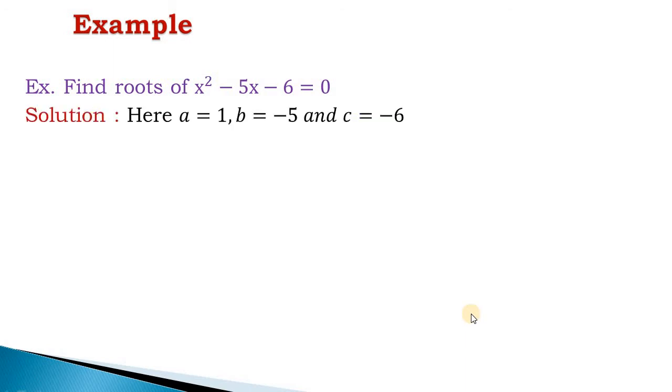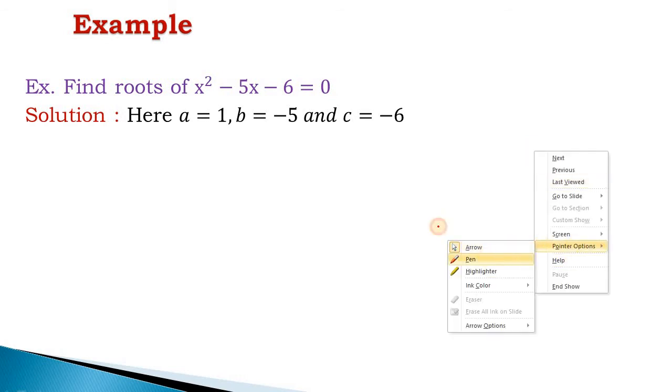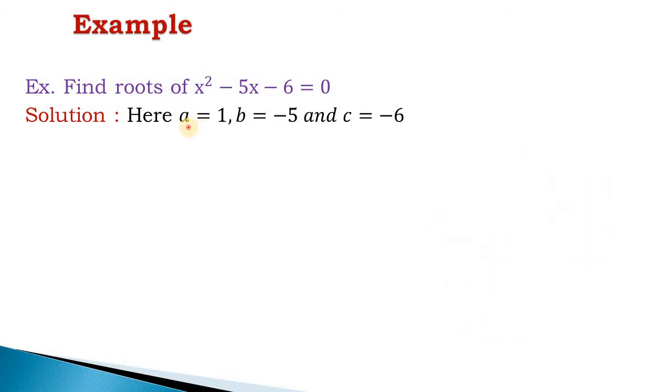Okay. Now we see examples. Find the roots of the polynomial x square minus 5x minus 6 is equal to 0. So always we compare with the standard form ax square plus bx plus c is 0. So here we are getting a is equal to 1, b is equal to minus 5 and c is equal to minus 6.